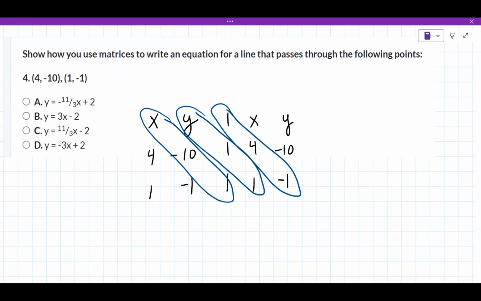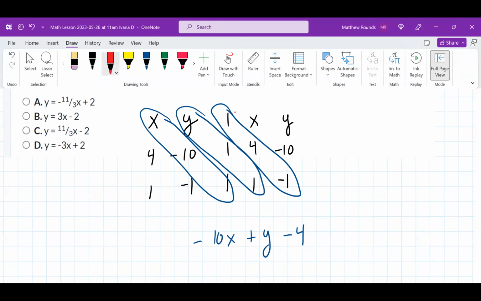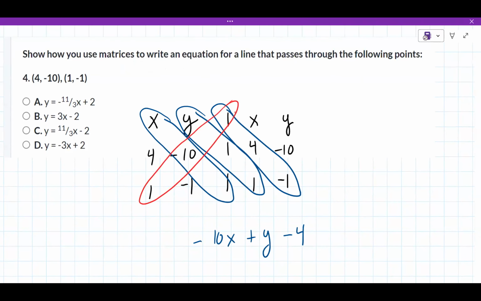So when you multiply here down the diagonal, it's minus 10x plus y minus 4. And then you go the other direction here, you multiply diagonally this way.